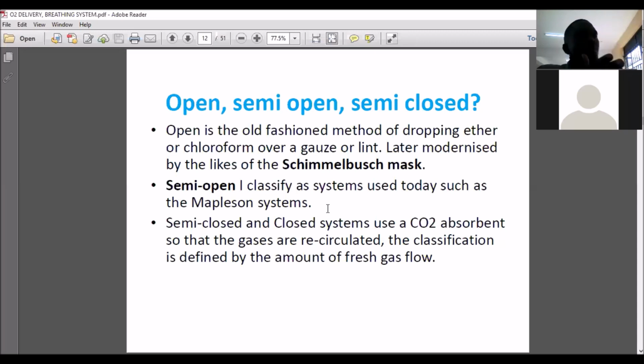You're getting me? Either way, each is nearing one end: with the semi-open, you're nearly open, I'm nearly allowing you to breathe on your own, but I'm giving you something, okay? But with the closed, you're closing, but I'm adding to you. In a totally closed system, you're not getting anything from my system. I put some oxygen somewhere, and then you continue retaking that oxygen.